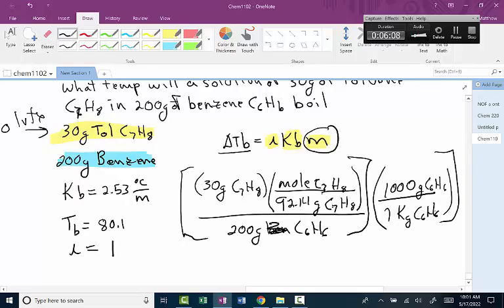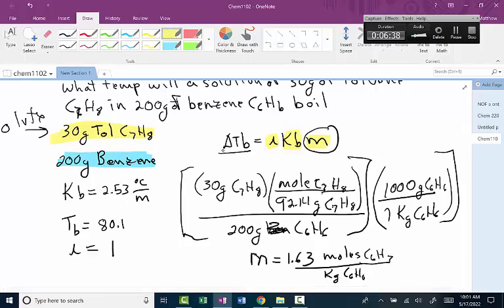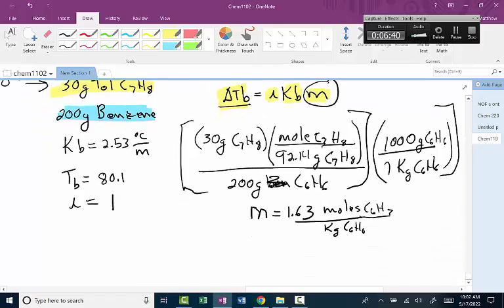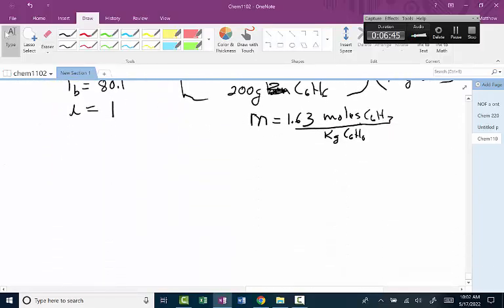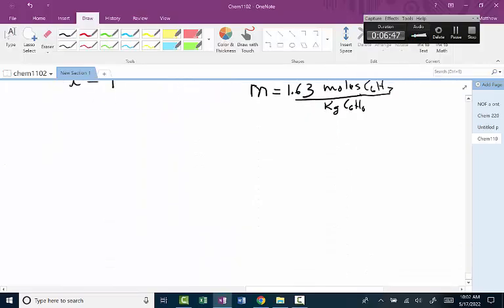And when I do that, I get molality, little m, equal to 1.63, and my units are moles per kilogram of benzene, C6H6, and this is moles of C7H8 on the top. Okay, so now all I got to do is calculate delta T boiling. So this is usually a two-step process, and this is the kind of question that I'm likely to ask you on the exam.